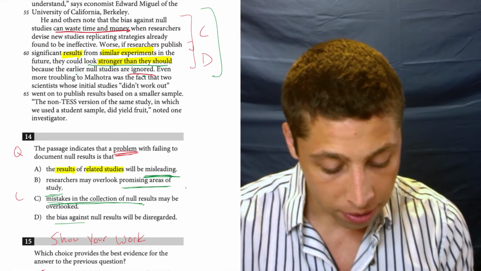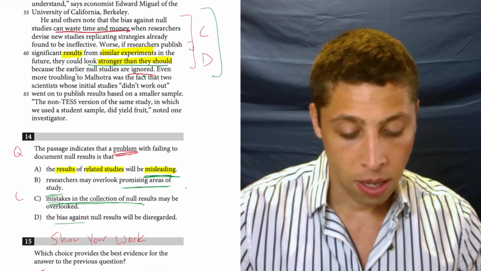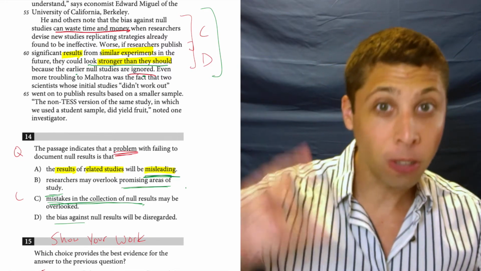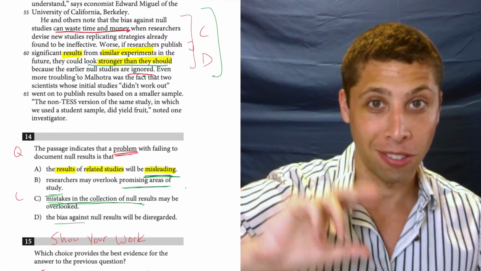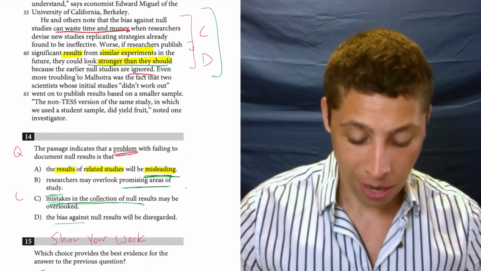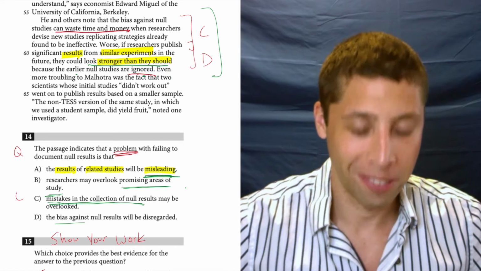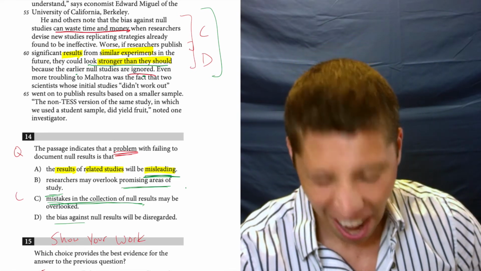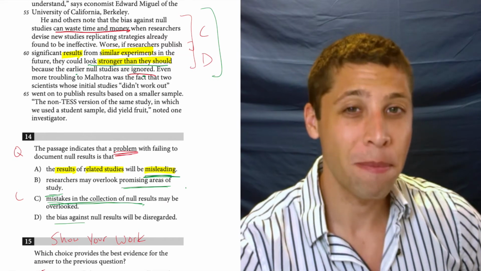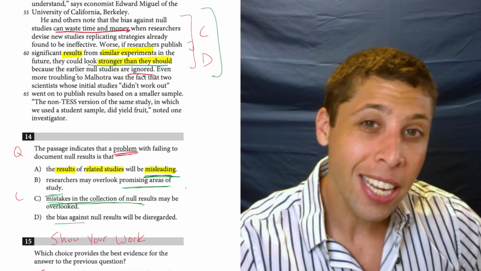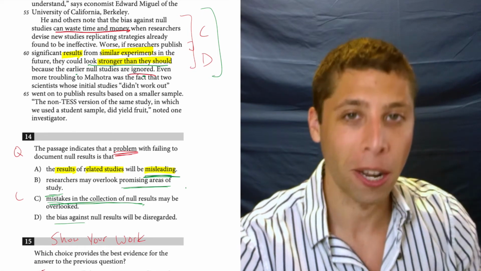Results, related studies, misleading. Those three ideas in choice A have perfect correlations to the words in line reference D. Whereas all the other ones, I'm stretching it. I feel like I'm forcing them to fit because I don't really know why they're wrong. They seem related, but it's hard for me to put my finger on.